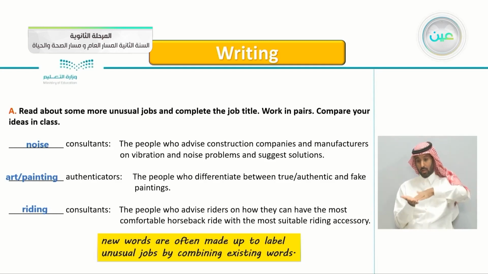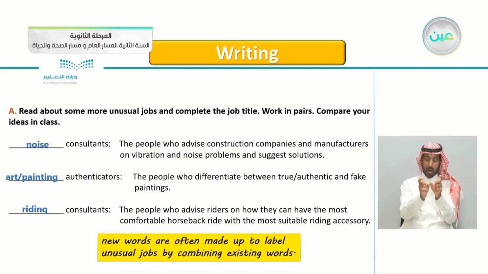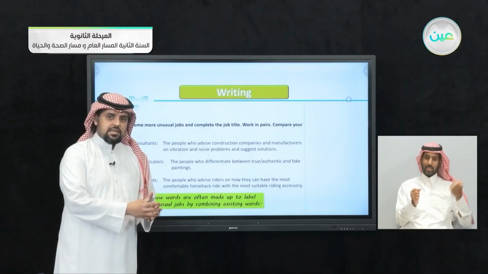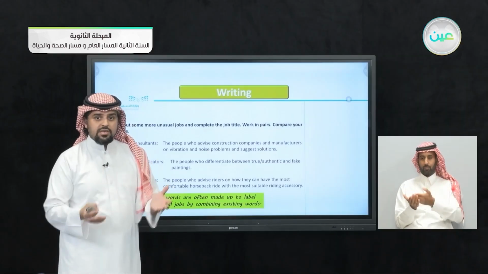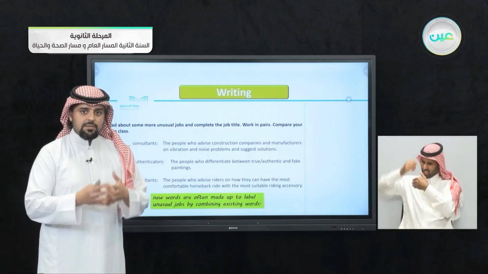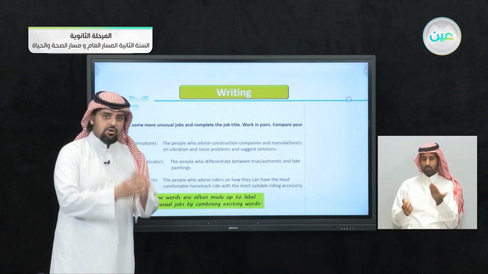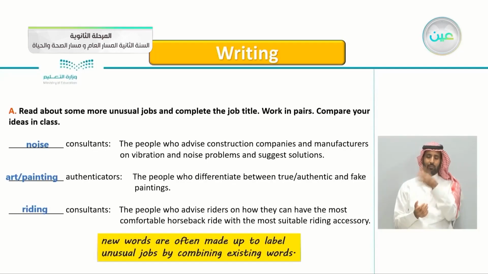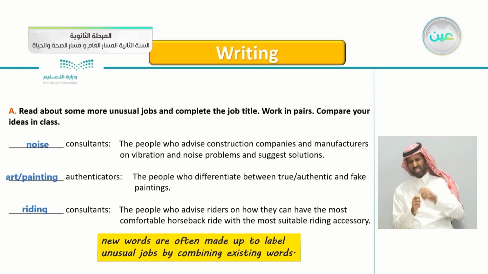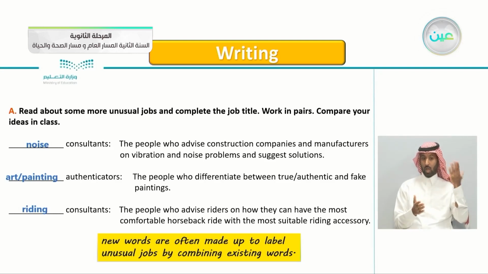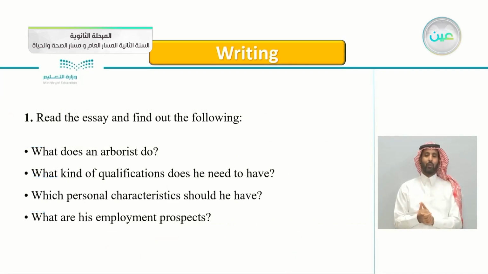So we took two words and combined them, and this is the title of his job, cheese sprayer. And also the odor judger, someone who judges the intensity of the smell of the odor coming from a man. So these are words made up to label some unusual jobs. Also here you can say noise consultant. Have you ever heard of a noise consultant? Of course not. So read the essay and find out the following.